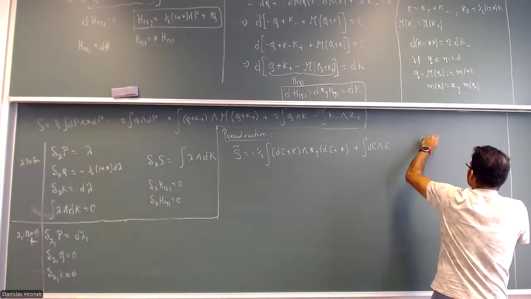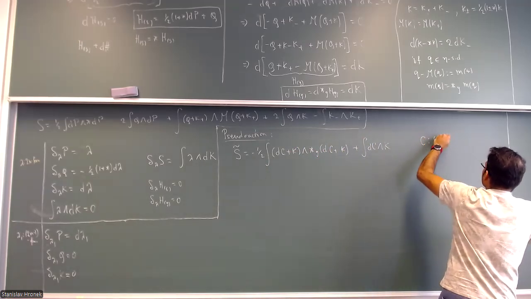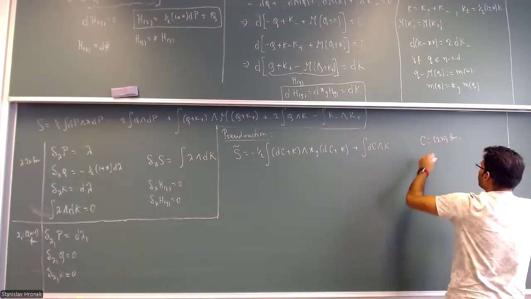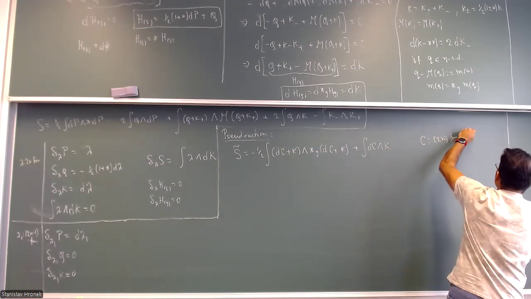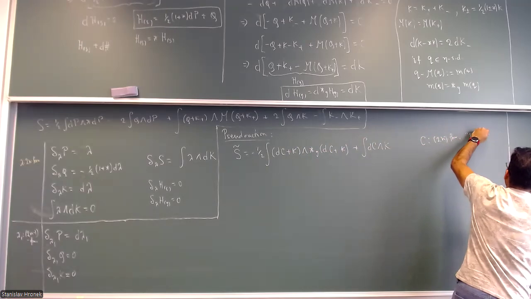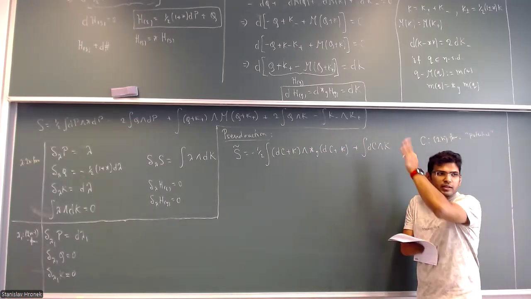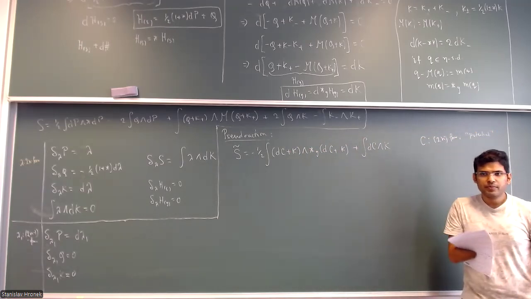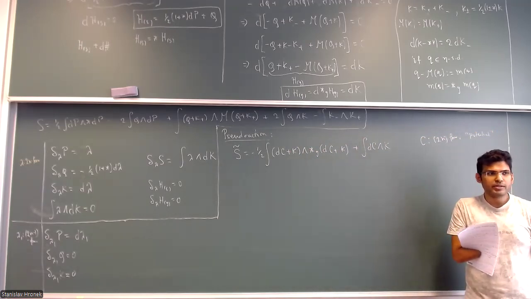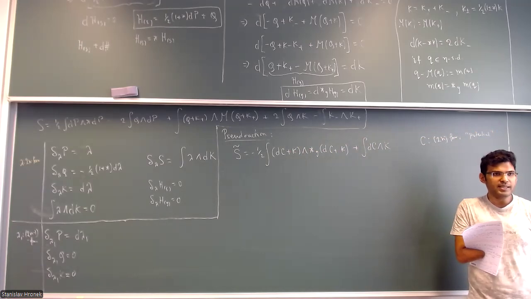C is some form, which is typically your gauge potential, and K is a source. I'm deliberately using K because you will see that it turns out to be the same K.